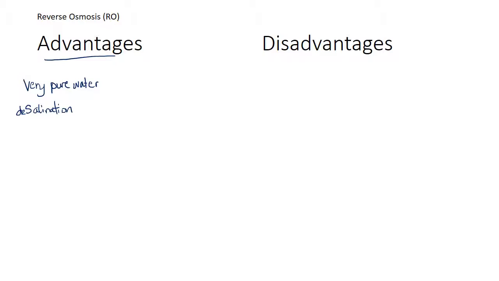Disadvantages of RO water. First of all, it is energy intensive. So you have to create this high pressure environment to force the water through the filter. And you also have to create the filters as well, produce those. It's also wasteful of water.